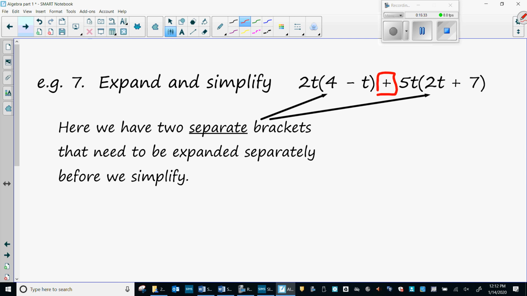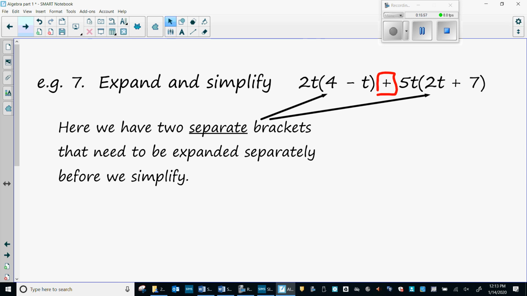We only use foil when the two brackets are touching each other. If they're not touching each other, we have to expand the two things separately. Okay, is that clear? Again, as I said, been in this game a long time, I've seen it all before. I'm trying to help you by bringing up these things to help you avoid doing the same things wrong.